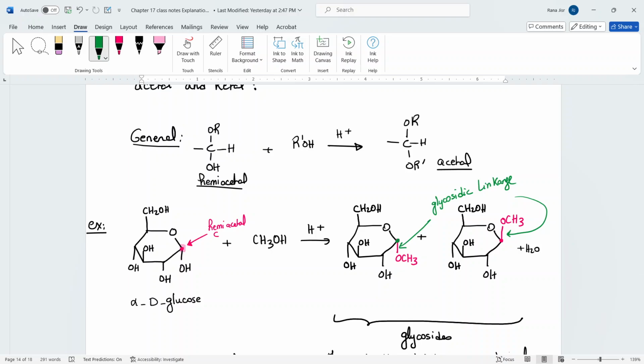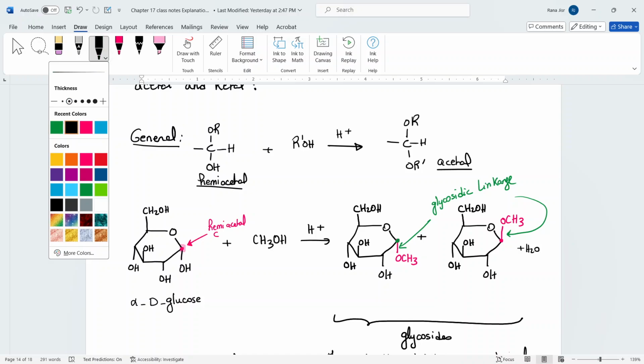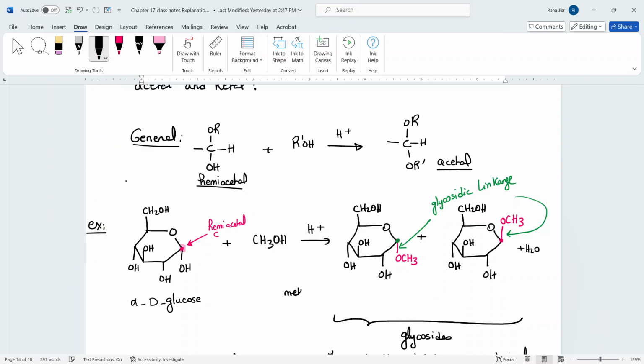So the name here is going to be a methyl. And then I know that the OCH3 is pointed down, so that is going to be my alpha anomer. So that is going to be alpha.